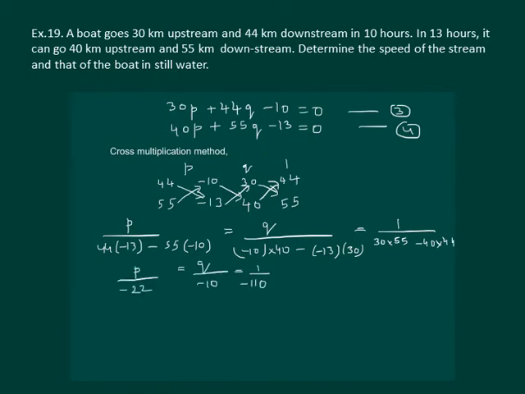Solving further, we get p by minus 22 equal to q by minus 10 equal to 1 by minus 110.